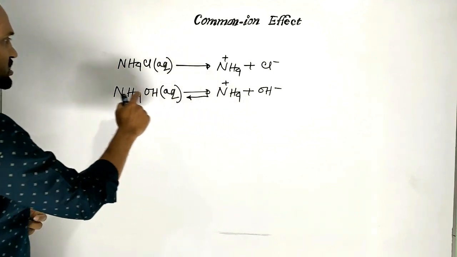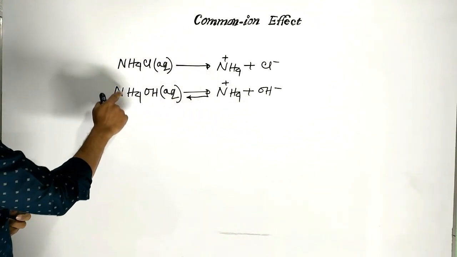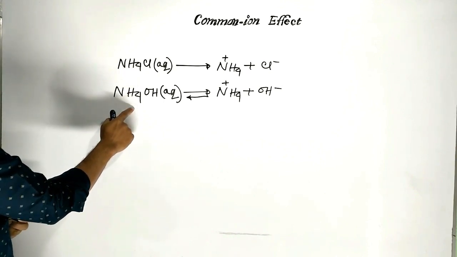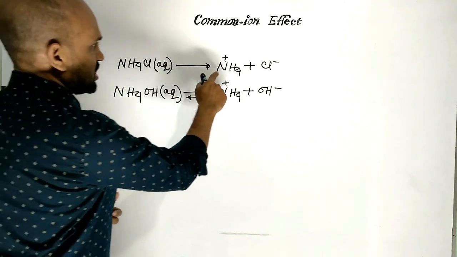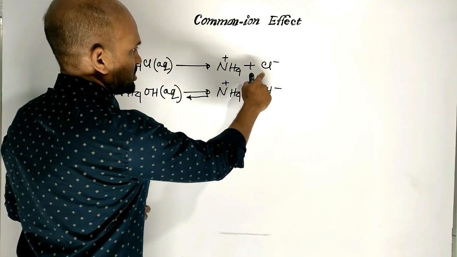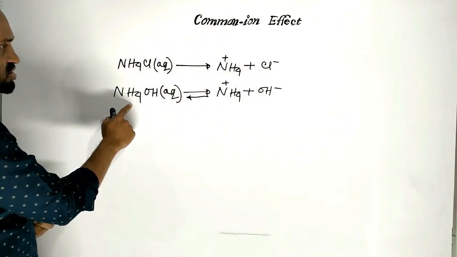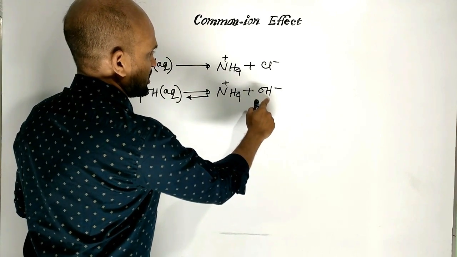So, here we see two electrolytes, ammonium chloride and ammonium hydroxide. Ammonium chloride produces ammonium ion and chloride ion. On the other hand, ammonium hydroxide produces ammonium ion and hydroxide ion.